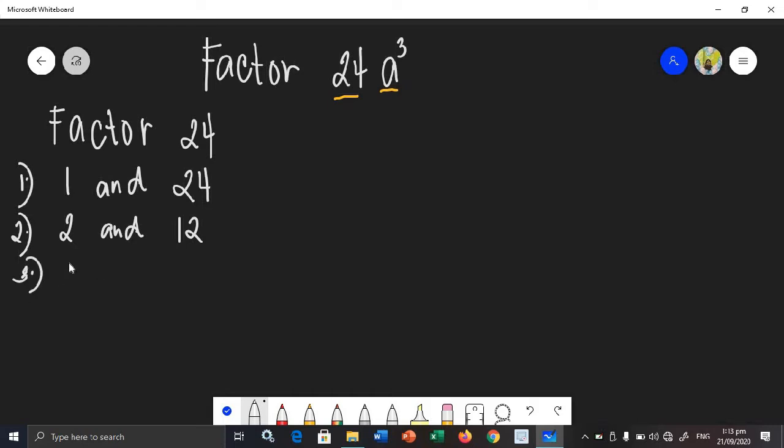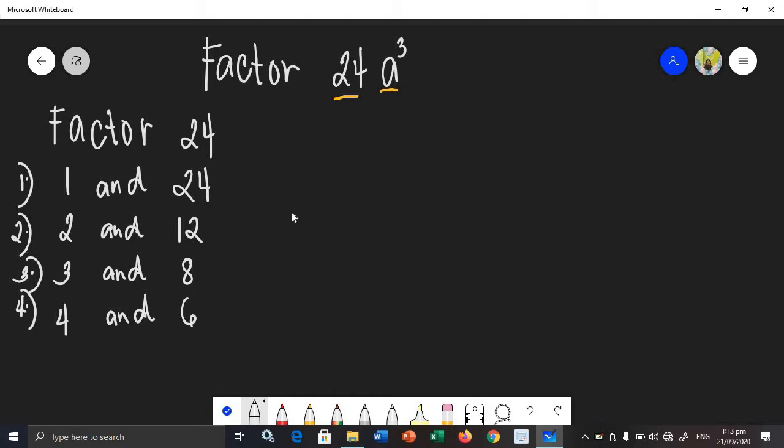Another factor is 3 and 8. Is there more? Yes, 4 and 6. Is there more? None. These are the only possible factors of 24.